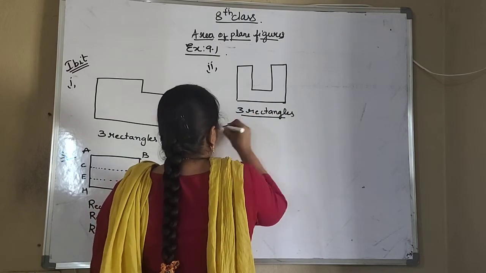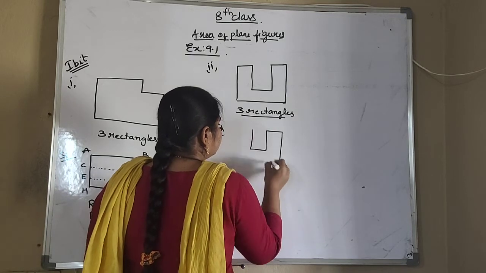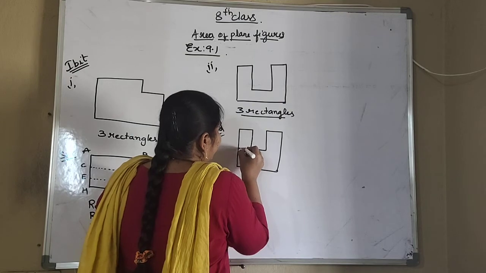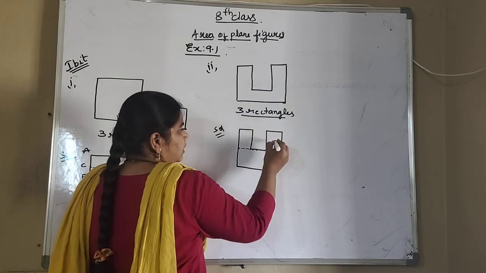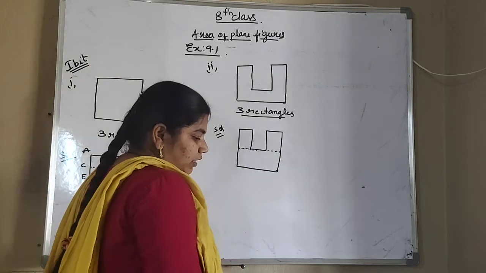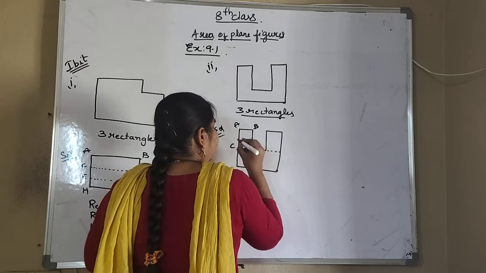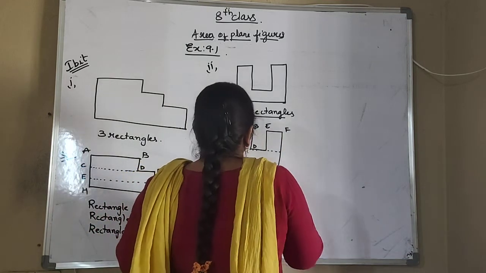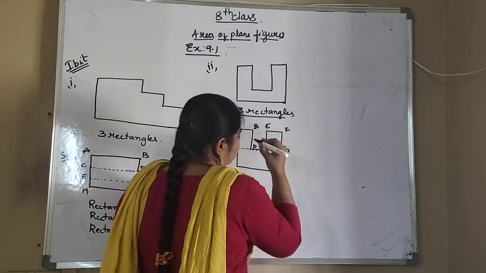How to divide, we will see. I am drawing the line here. First rectangle, second rectangle, and third rectangle. Name the figures now. A, B, C, D, E, F, G, H, this is I, J.